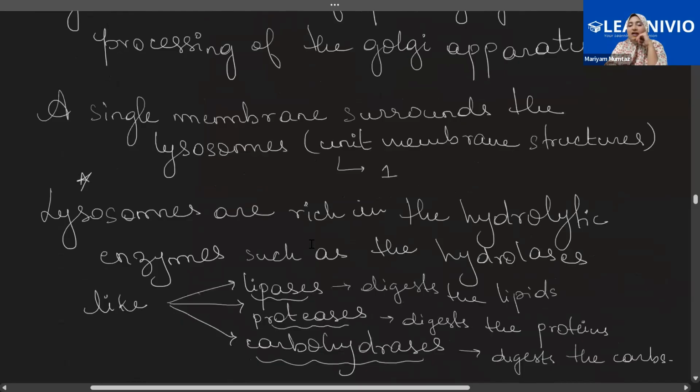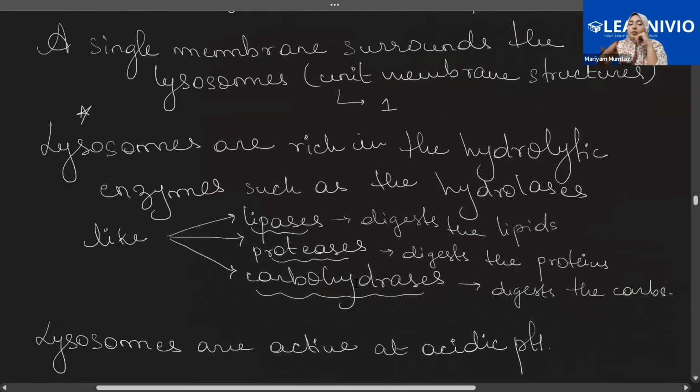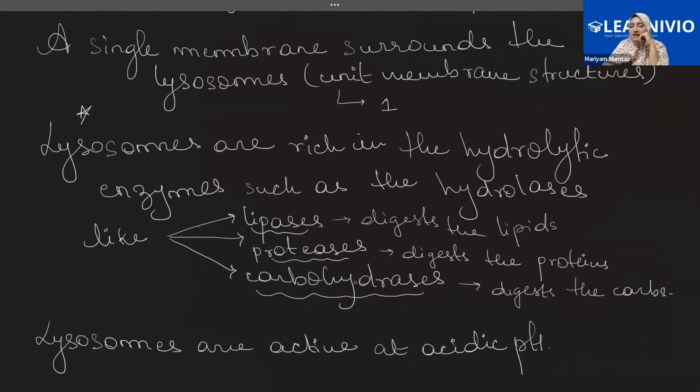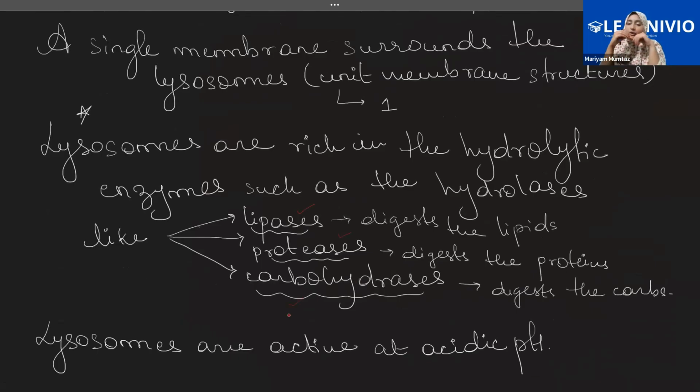Lysosomes are rich in hydrolytic enzymes. All those enzymes that have hydrolytic property, the lysosomes are rich in them, like hydrolases, such as lipase enzyme, protease enzyme, carbohydrases, meaning enzymes that have the property to break down substances. Those enzymes are present inside the lysosomes.